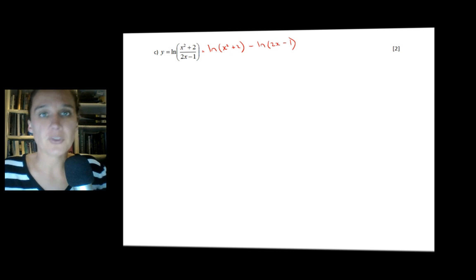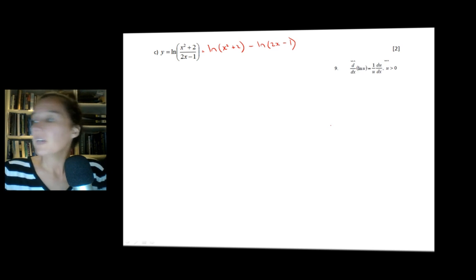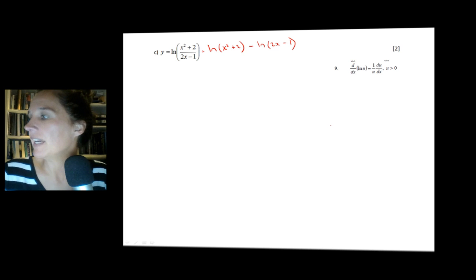And then we're going to go to our formula sheet. So looking at our formula sheet here, for each of these, we're going to say, well, it's 1 on u multiplied by du on dx. So here for our first term, this is our u, and for our second term, this is our u.